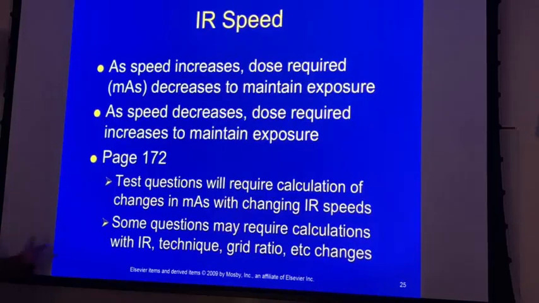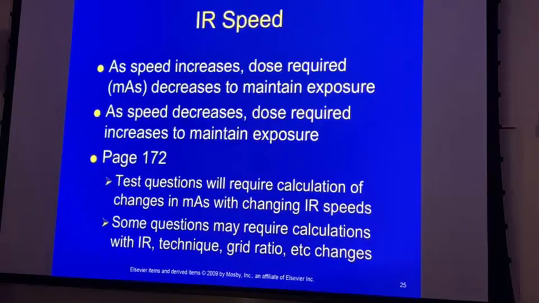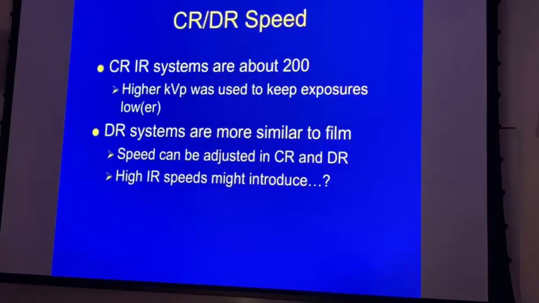Some questions may require calculations with image receptor technique, grid ratio, and all that, just like what we had in the math test and stuff. So that's not going away. I really recommend that you dust off those notes and look back over those. It's not going to dominate, but there are going to be questions about it.